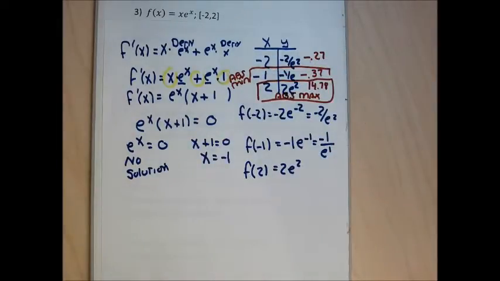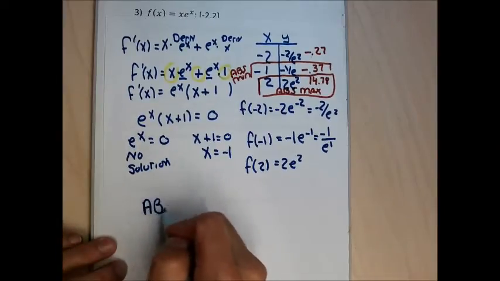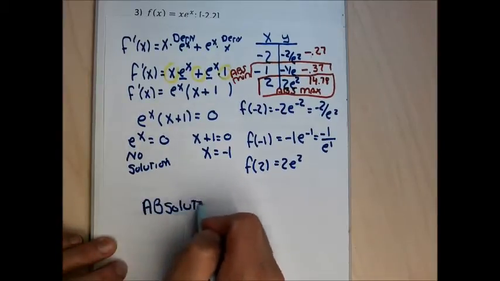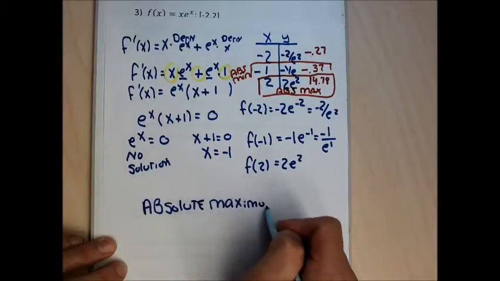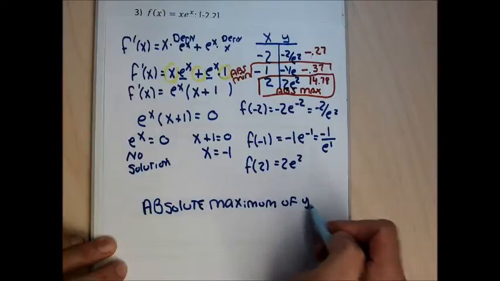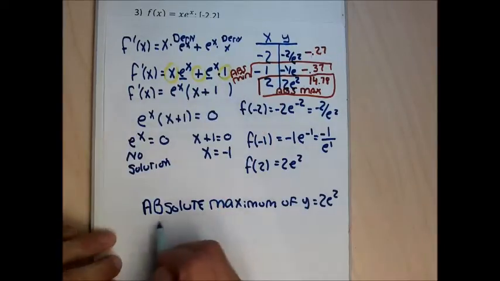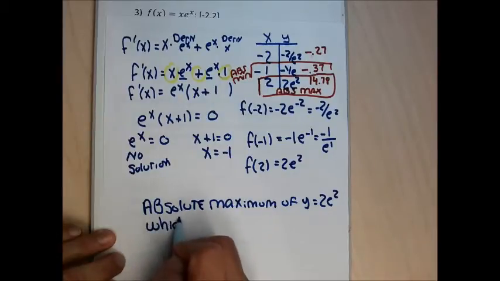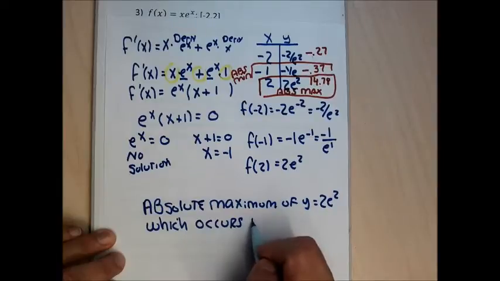When I go to write my answer, I'm going to say there's an absolute maximum of y equal to 2e squared, which occurs when x equals 2.